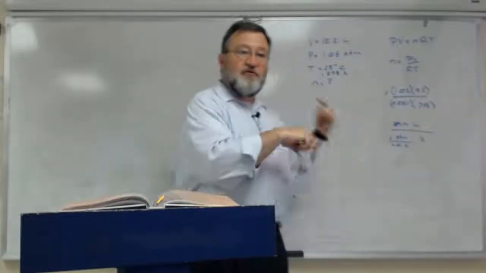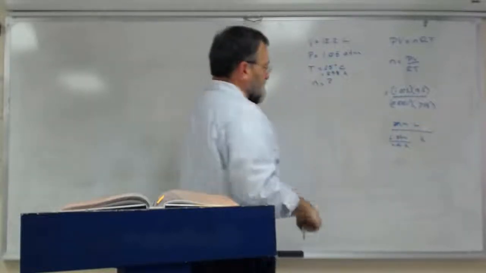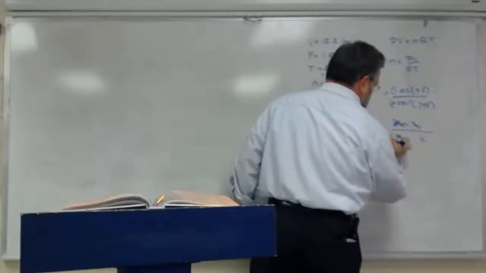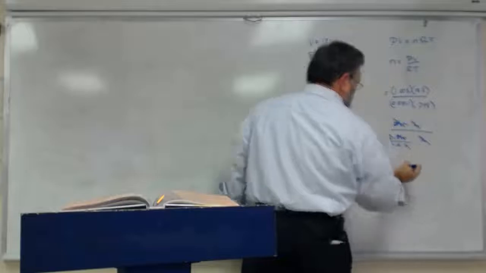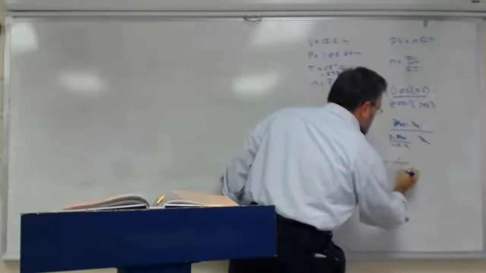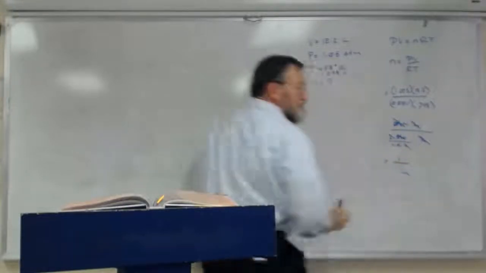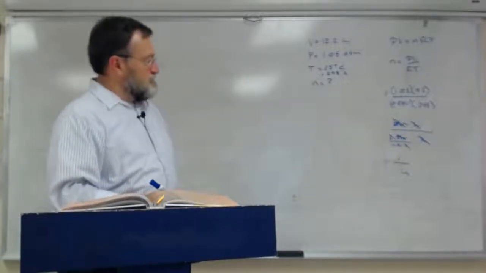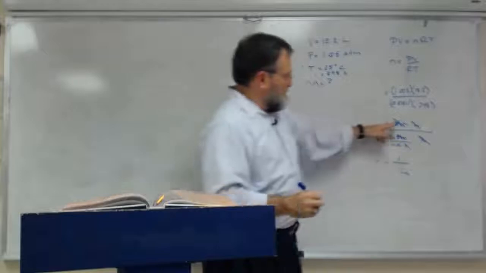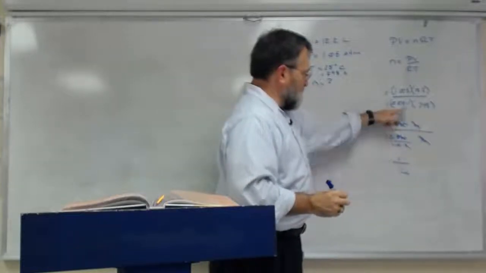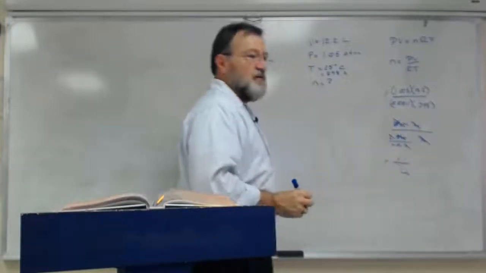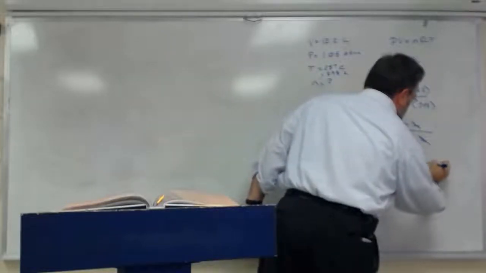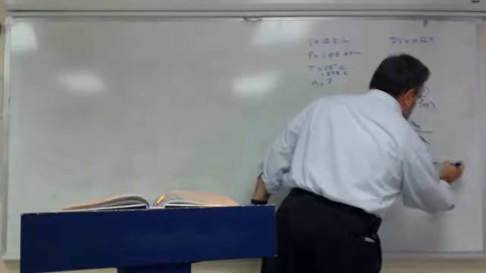Now let's just address canceling the units. Atmospheres cancels atmospheres, liters cancels liters, kelvins cancels kelvins. And my final is a 1 over 1 over mole. See that? These all become ones, and all I'm left with is a 1 over 1 over mole, which is the same as 1 times moles over 1, which equals moles.